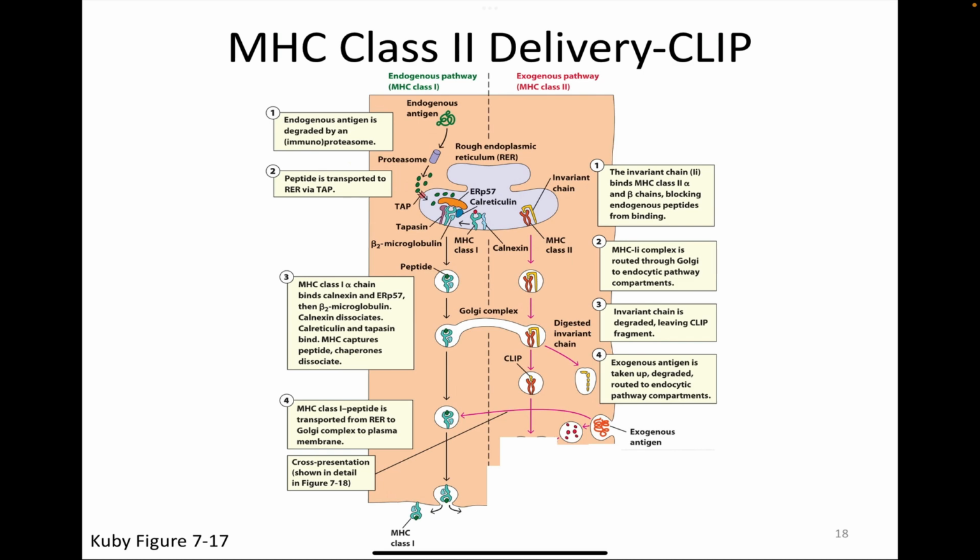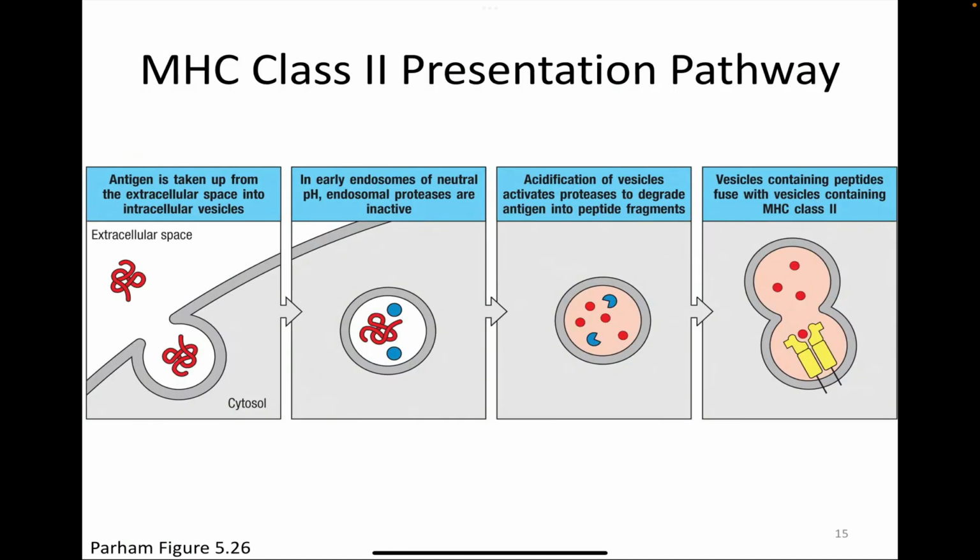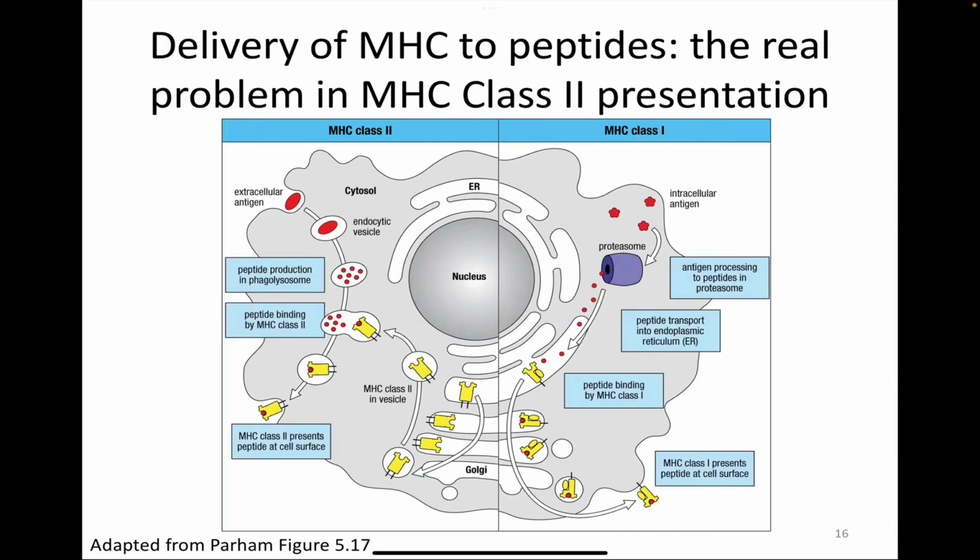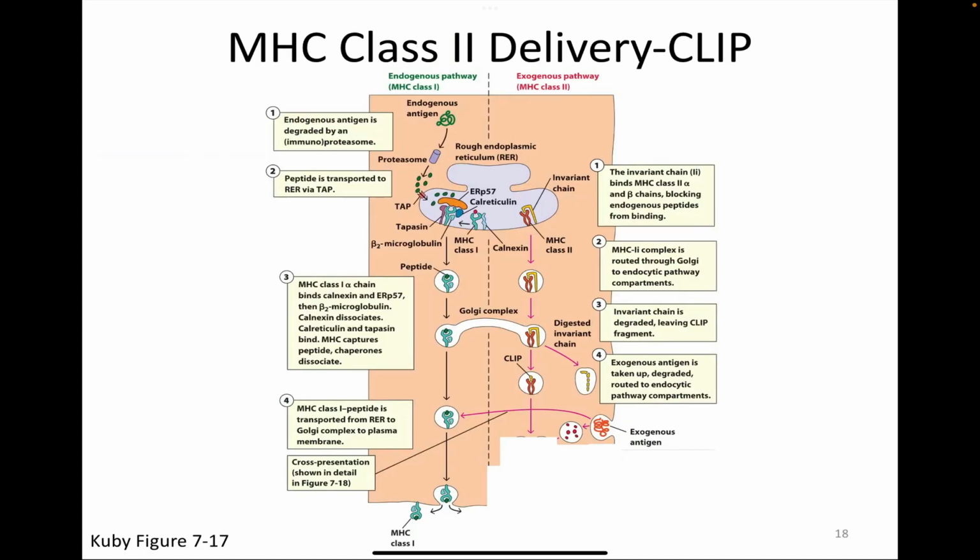So now we have actually delivered a semi-empty, not actually empty, class 2 here to the peptide, so we can allow for binding. And this is kind of important for a couple reasons. And this also is going to lead to sort of the next part of this binding.